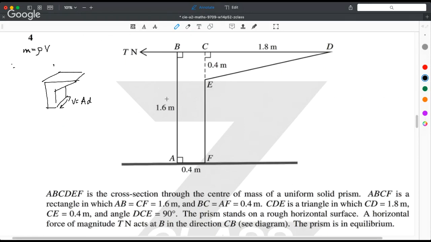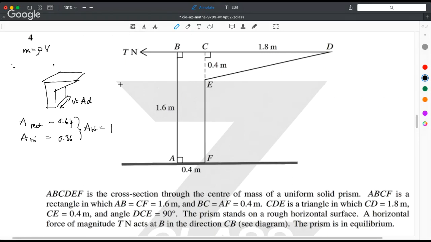Those are the important things. The area of the rectangle is just 1.6 times 0.4, which gives us 0.64. And the area of the triangle, 1/2 times 0.4 times 1.8, is 0.36. So that means the total area is equal to 1.